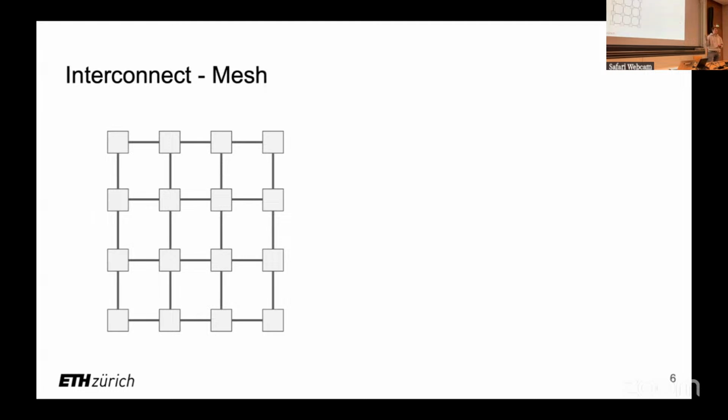And so people came up with the so-called mesh topology, which is currently the most used topology, I would say. You basically connect them in a kind of grid. And now obviously routing is not so simple. So at each of the cores, you have a simple router. And whenever you have an incoming message, you can choose on which of the 4 connecting segments you want to forward the message.